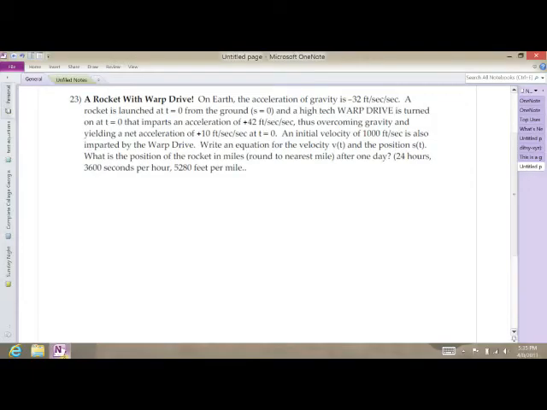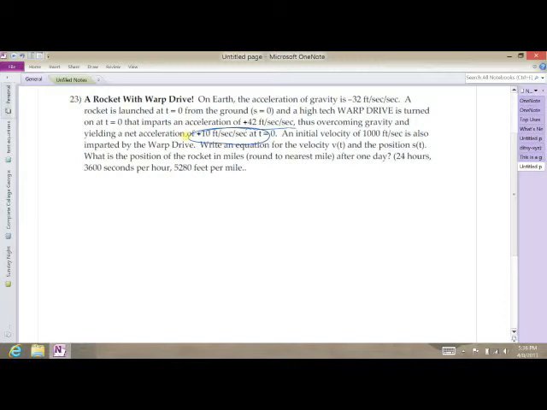Okay, problem 23 is a rocket science problem, but it's really not all that hard. As everybody knows, the acceleration of gravity on Earth is minus 32 feet per second squared. We're looking at a rocket that's launched at t equals 0 from the ground, but we give it a little help with a new warp drive that's capable of imparting an extra acceleration of 42 feet per second squared, thus overcoming gravity and yielding a net acceleration of plus 10 feet per second squared at t equals 0.